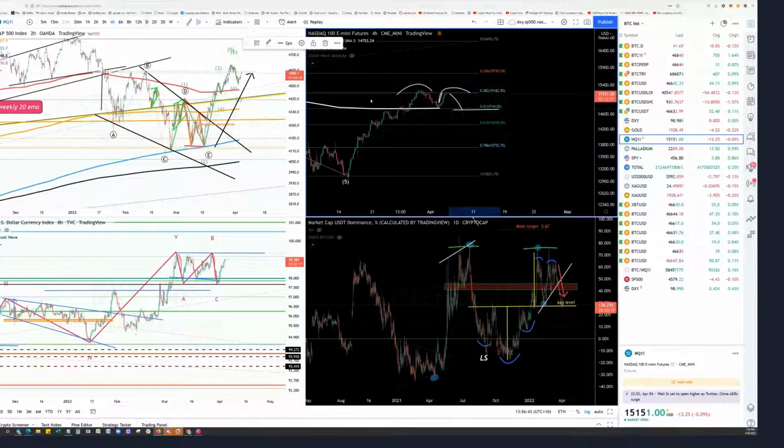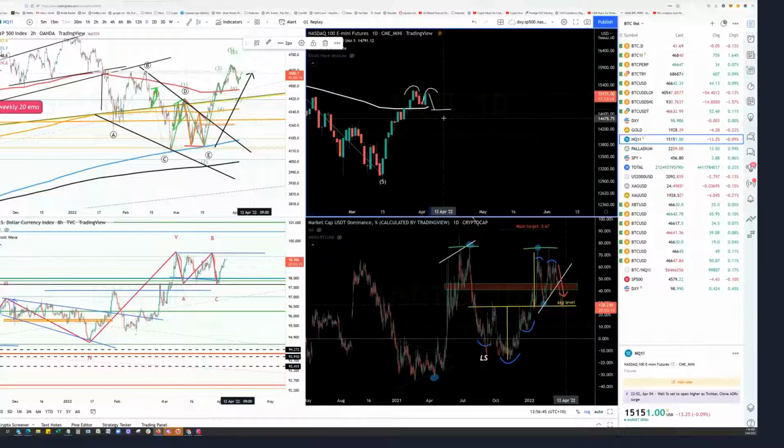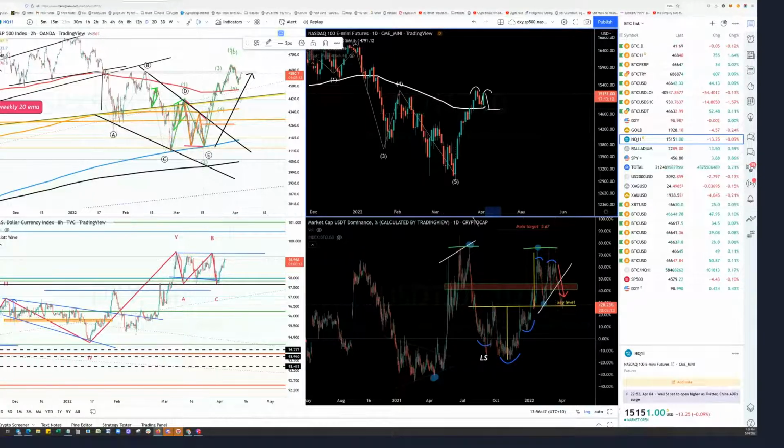The daily is probably better to work with. So you can see 3 days of dropping, and Bitcoin pretty much went sideways, even dropped as well. And we had a nice bullish candle yesterday, and Bitcoin also rallied up. So it's in sync with the Nasdaq.